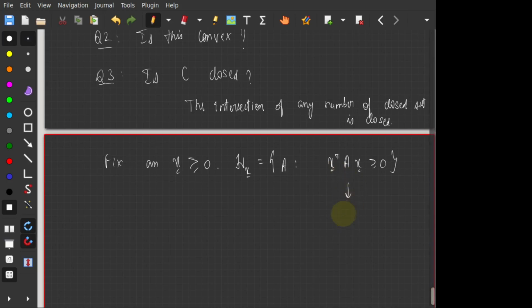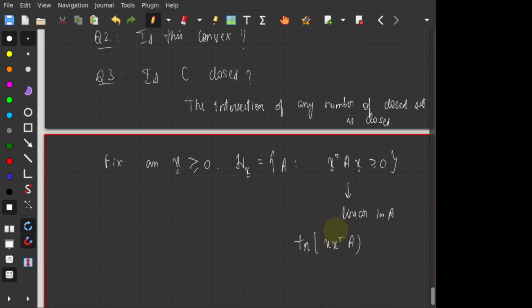So this is linear in A, and in fact it's equal to the trace of something. x transpose A x is also equal to the trace of x transpose A x.